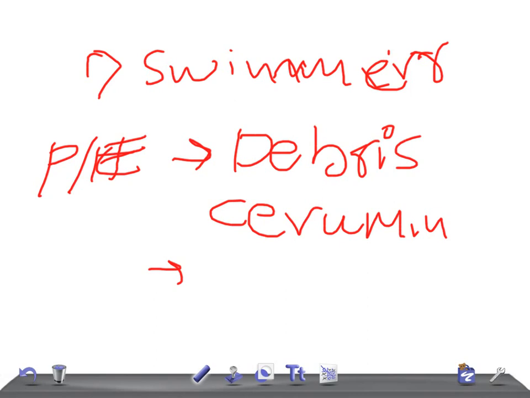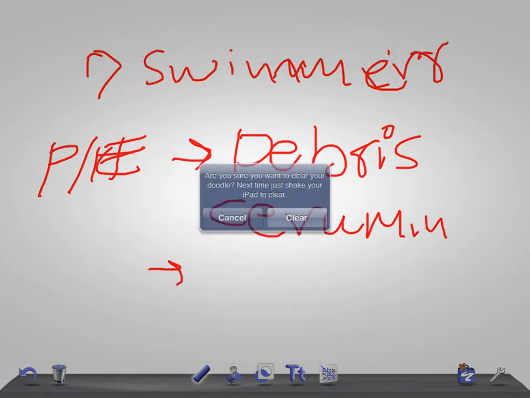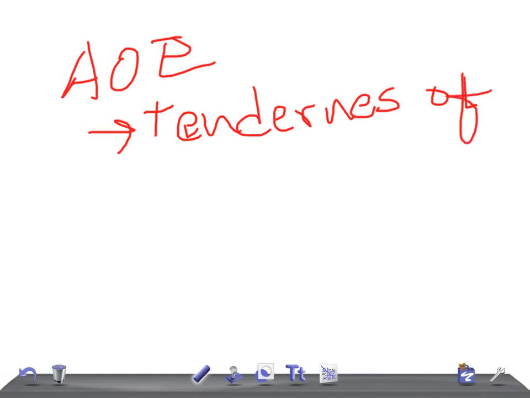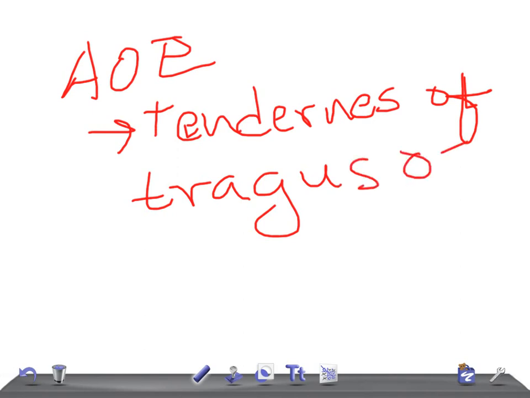Okay, what is the hallmark? What is the important sign that you're looking for in a patient with AOE? This is really very important. This is tenderness of the tragus or pinna when you pull.